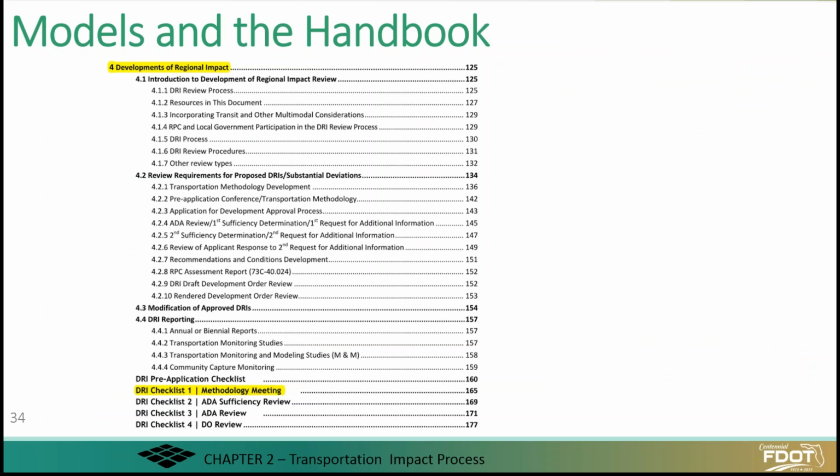The use of travel demand models is also covered in Chapter 4 for DRIs, and in particular under the discussion of establishing methodology for DRI review, and what is and is not appropriate for that specific project or application.